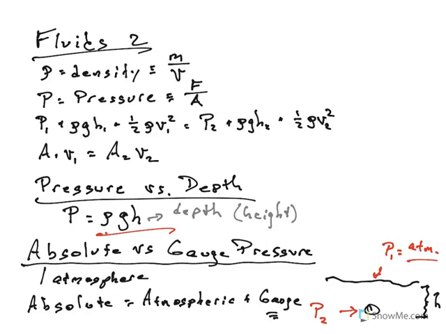So you have to be very careful when you work on problems to understand which of these two, the absolute pressure versus the gauge pressure, the question wants you to give.